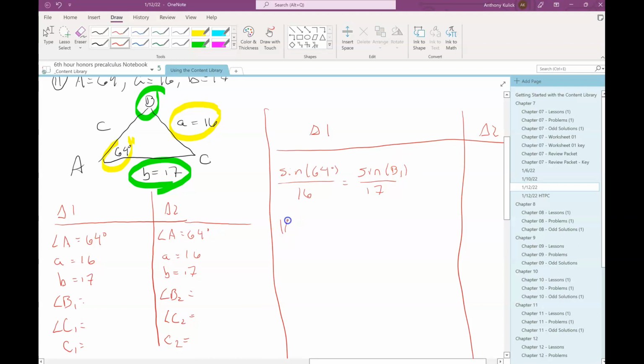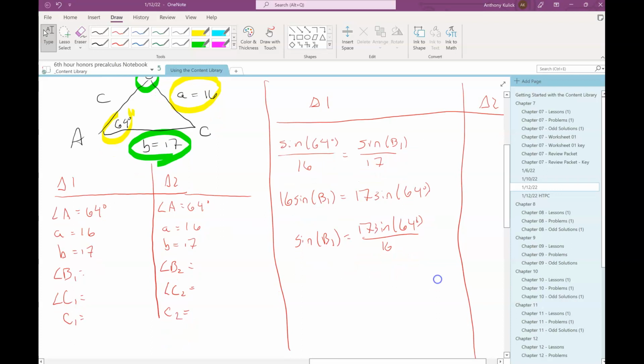Okay, so I'll cross multiply, and then divide by the 16. And then to get rid of the sine, we do sine inverse.